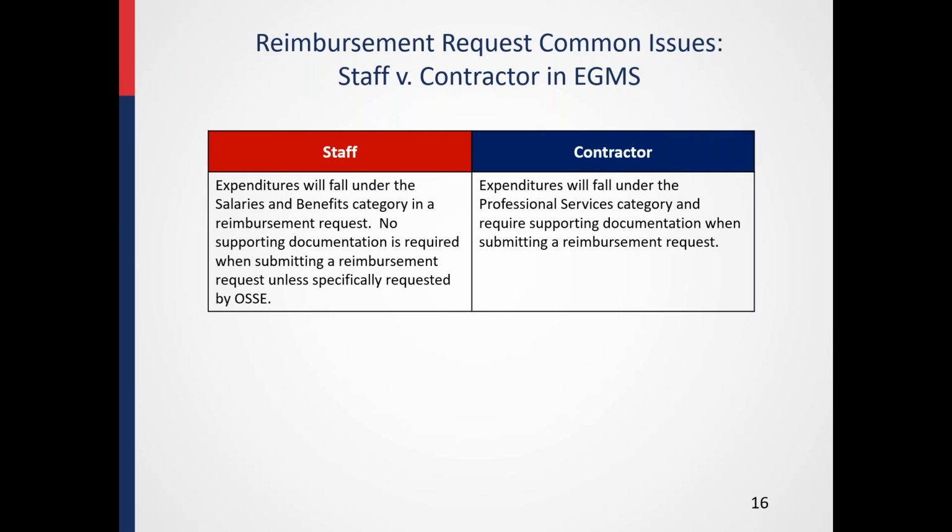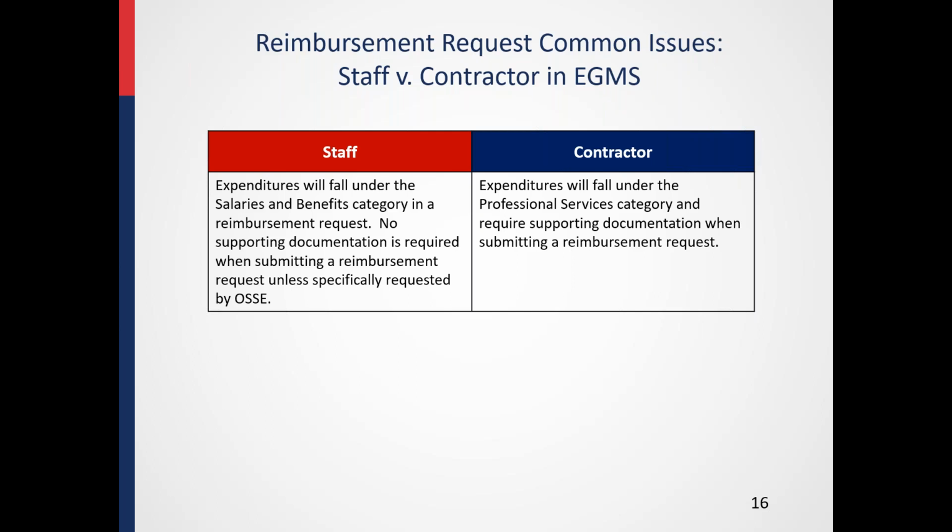You don't have to do supporting documentation because it's built into your payroll records that you would produce in case of a monitoring visit or an audit. And so those don't have to be submitted up front unless specifically requested by OSSI if there's some sort of clarification needed to understand the expenditure.